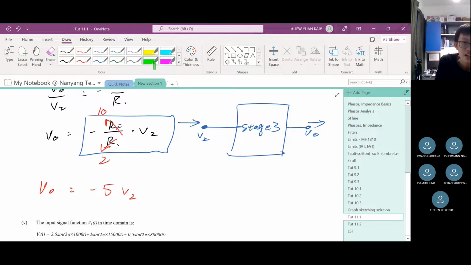You see, no matter what number I plug in, RF and R1 are just constants. They're just numbers, right? In this case, I plug in 10 and 2, and I'll get negative 5 here. What this means is that I supply an input, and my output will be some number multiplied by the input. What is this? This effect is called an amplification.